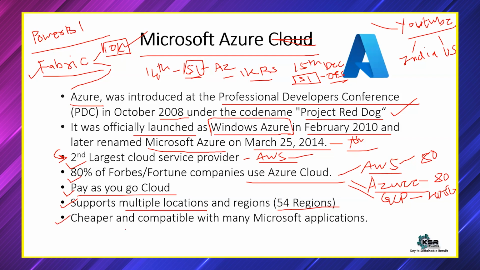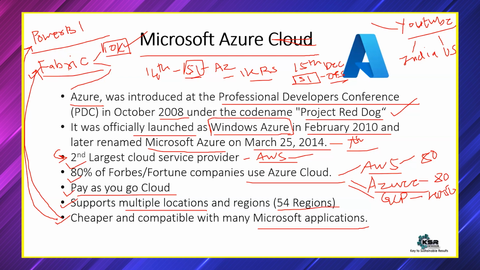Biggest advantage: cheaper and compatible with many Microsoft applications. If I want to simplify it, you can easily combine any service with Microsoft Fabric or Microsoft Power BI. Why? Because both are products of Microsoft. Azure can be combined with Power BI easily.